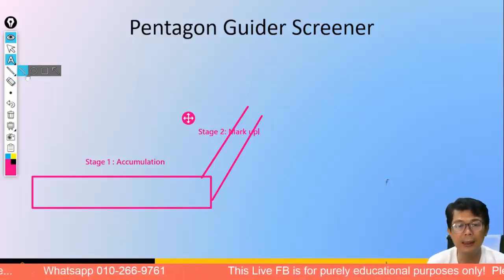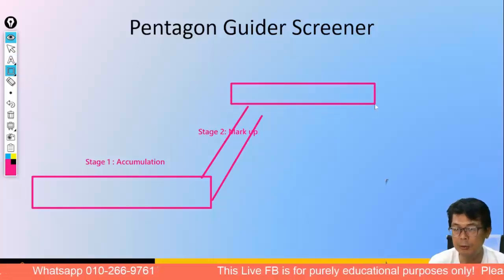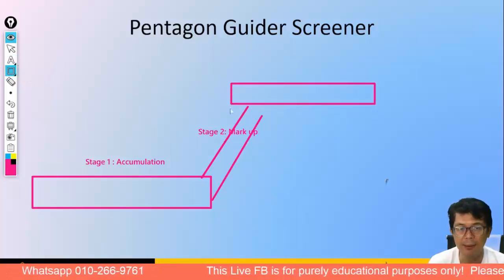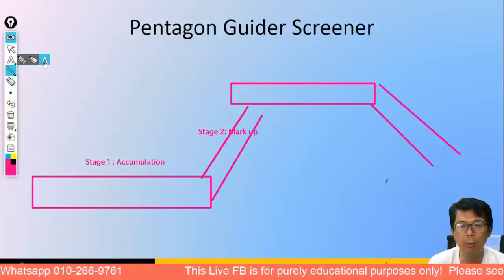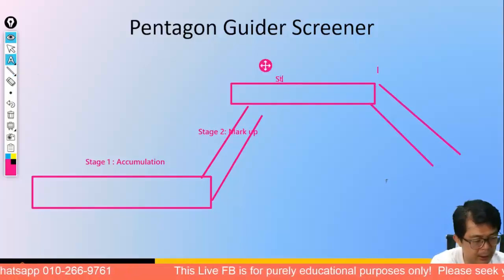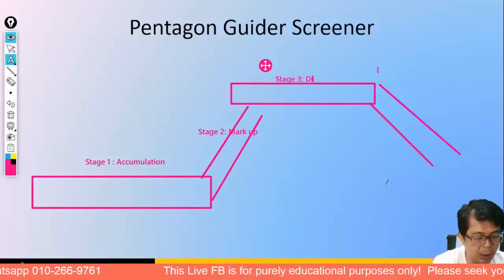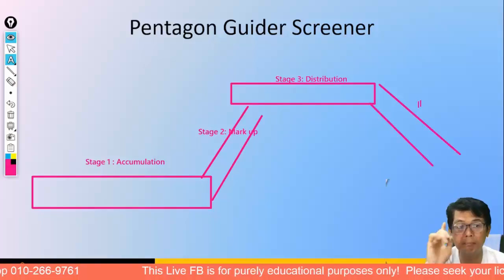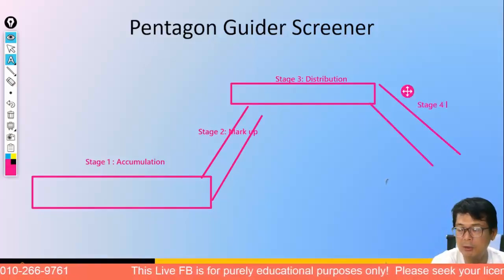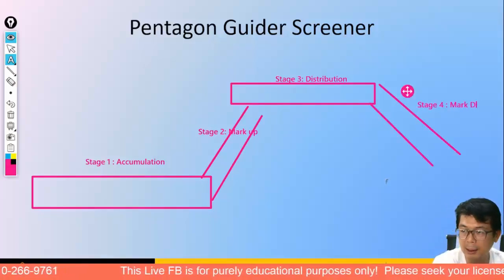Then you also have stage 3, the distribution. And then finally we have stage 4, the markdown. What we are trying to do in stage 3 is to avoid the distribution, and I'll share with you where the Pentagon Guider looks.